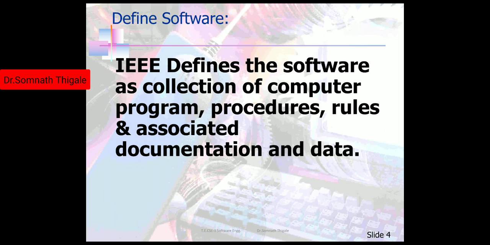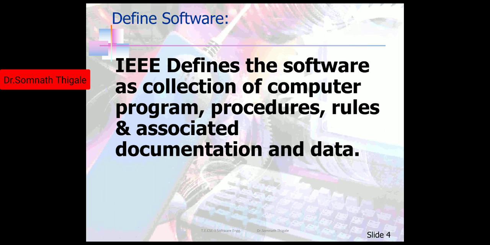And associated documents are some extra things we need to take into consideration regarding how the software should be installed, how it should be uninstalled, and if any trouble comes, how we are going to handle it. All of this is discussed in a separate set of documents. When all of these are collected, we call it simply software. Simply remember, what we write is a program, and inside a program we write the instructions.